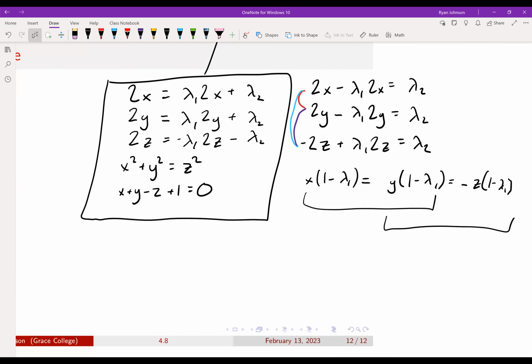So solving for lambda 1 in here gives me, let's see, I got to expand it out again. So x minus lambda 1 x equals y minus lambda 1 y. We'll then move lambdas to one side, x's to the other side. So x minus y equals lambda 1 times negative x.